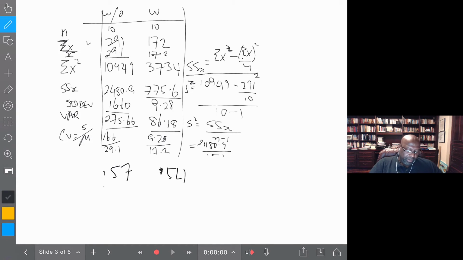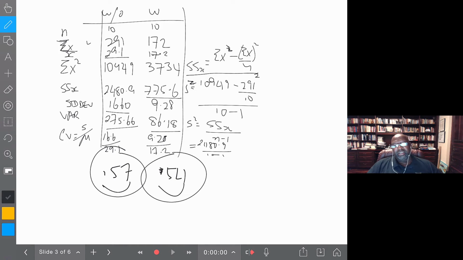So we still have a reasonable amount of variability in both cases, but it is slightly smaller in the cases where you have tracking systems versus the ones where you don't. All right, so that gives us quite a bit of data.